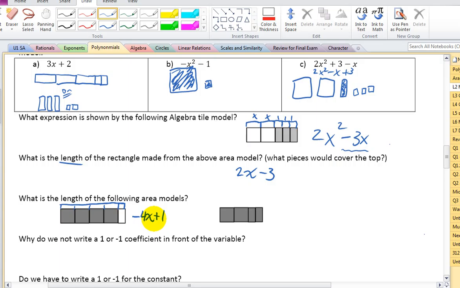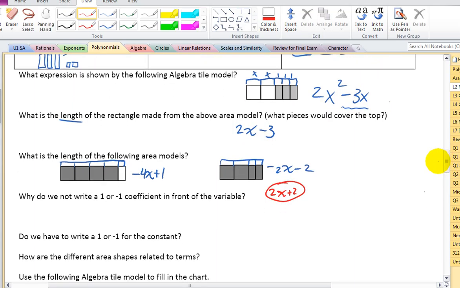What's the length of the next one? Negative 2x minus 2. Now in the textbook, just beware, they might say we shouldn't have negatives, it should always be 2x plus 2. I don't really like that too much though. Okay. Good.